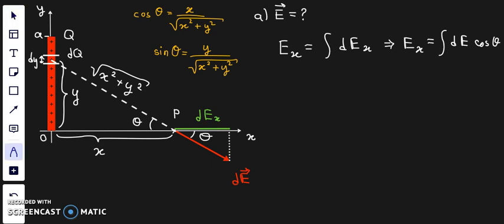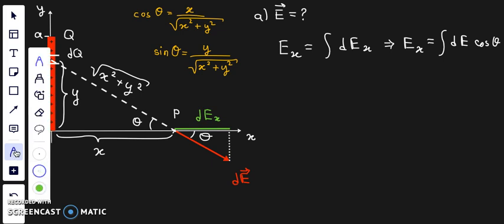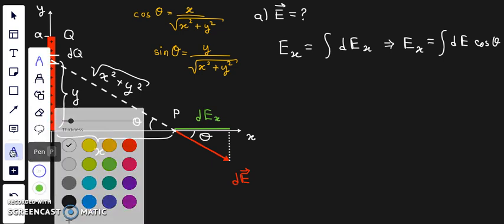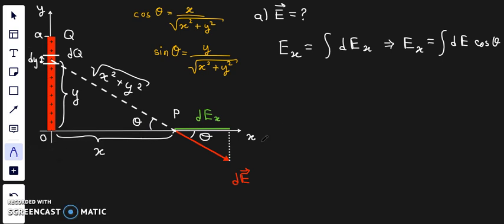Now let's go ahead and express our integral in terms of the given variables. So again, we are multiplying dE times cosine theta. dE is the electric field due to point charge dq, and cosine theta is x divided by the square root of x squared plus y squared.